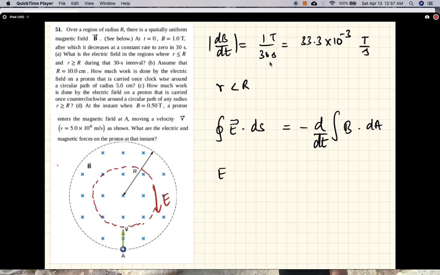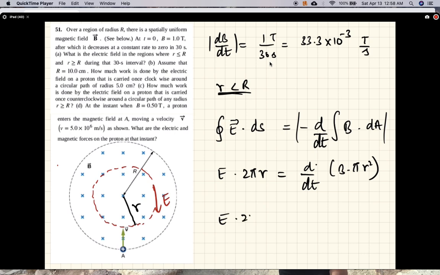So E times, and this is for r less than capital R, E times 2 pi r equal to, well, now we'll do the absolute value, d by dt of B times pi r squared, and E times 2 pi r equal to pi r squared dB by dt.